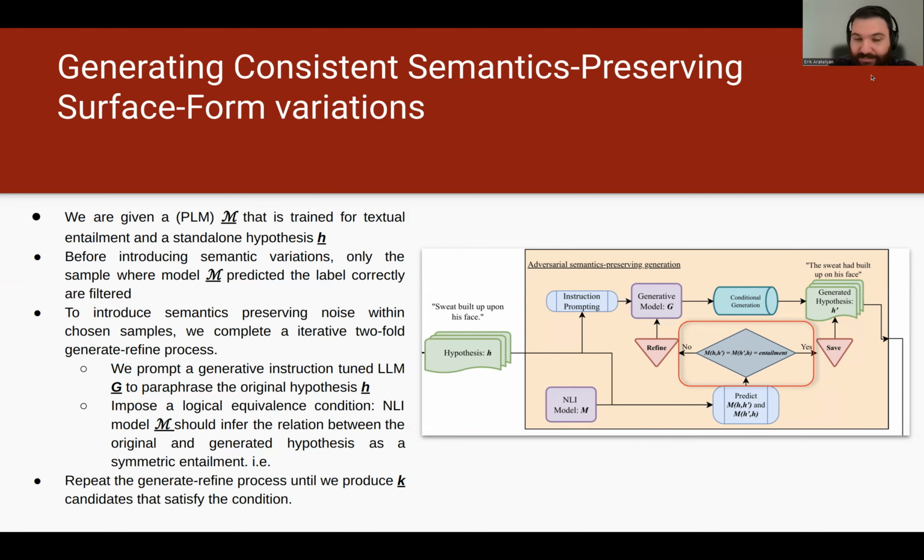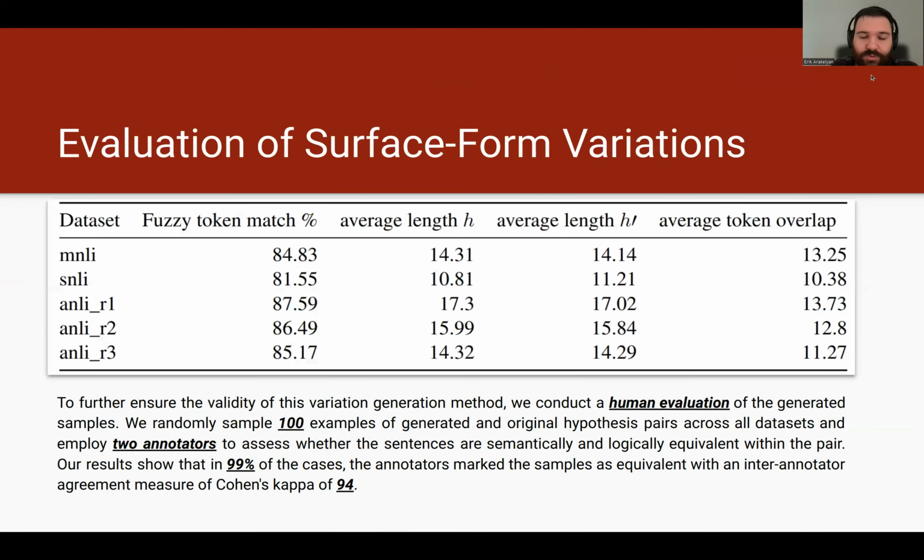Thank you. Of course, we do testing for our method. We do an automated set of tests. We see that there's a high fuzzy token match between the original and generated examples. The average length more or less remains the same throughout the examples, and there's a big token overlap.